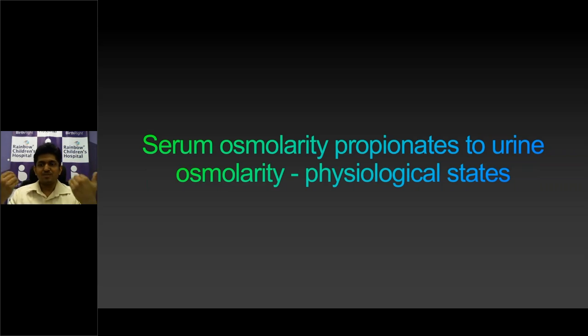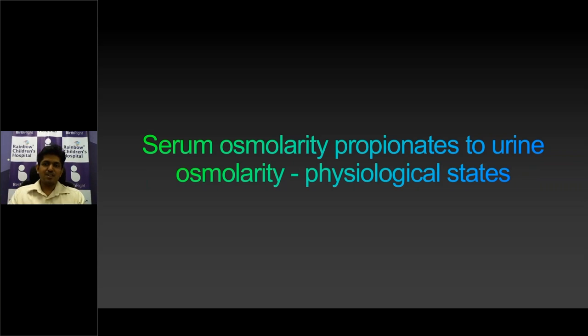For example, if there is excess free water intake, there will be low osmolarity, AVP will go down, the urine will excrete more free water, and therefore the urinary osmolarity will also be low. The indirect marker of urinary osmolarity is your urine specific gravity. So either the urine specific gravity is low and the serum osmolarity is low, or the serum osmolarity is high and the urine osmolarity is high, it indicates a normally functioning AVP axis or renin-angiotensin axis.